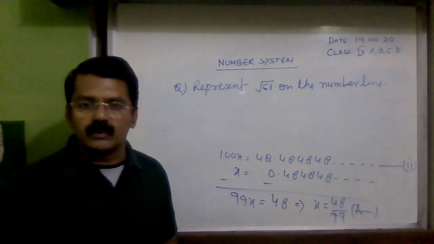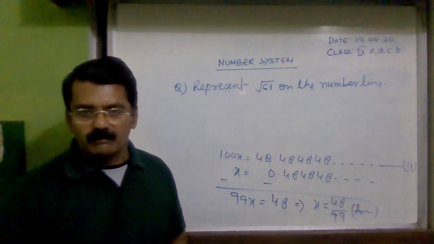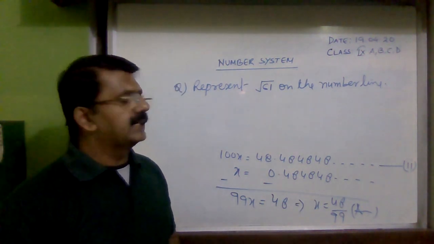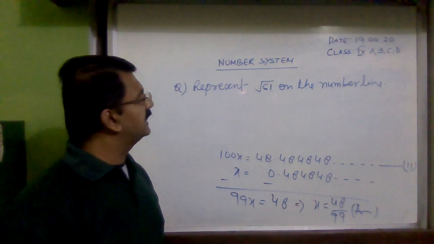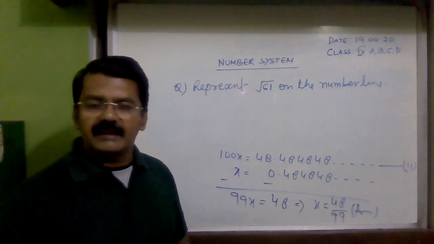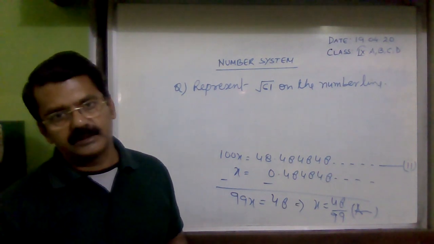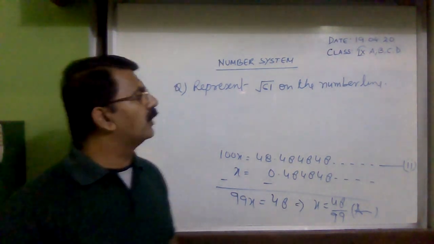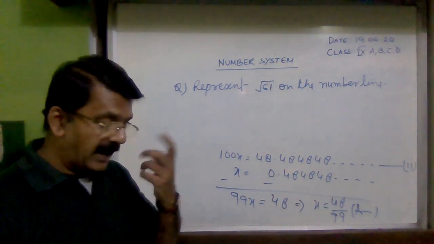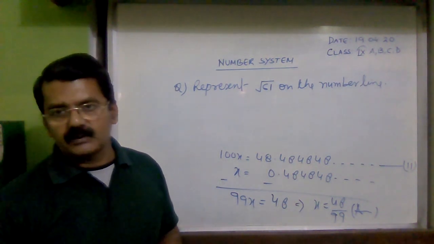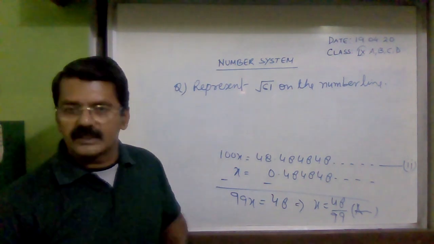As I told you in the previous class, for representing these irrational numbers on the number line, we use Pythagoras theorem. So first of all you have to tell me a number which is a perfect square number and which is close to 61.